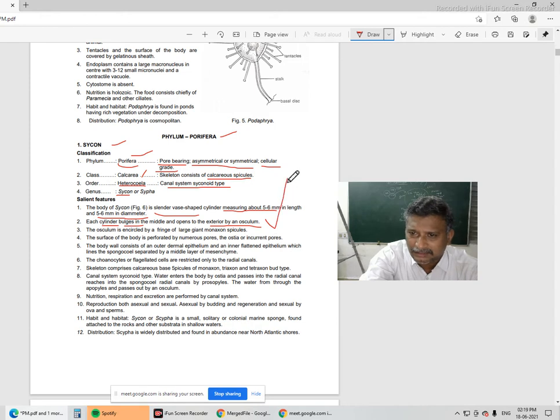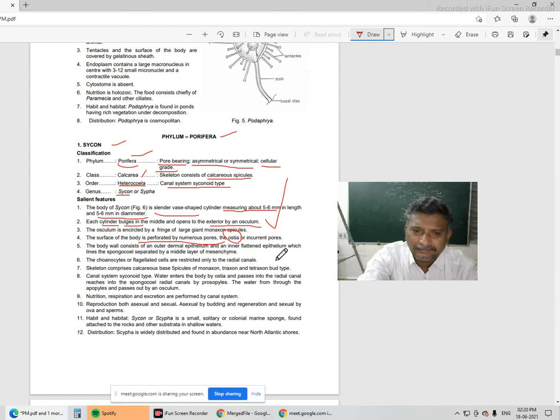Only one large hole is there at the most anterior end of the body, called the osculum, by which the excess water present in their body comes out. And the surface of the body is perforated by numerous pores called ostia. You remember that character?